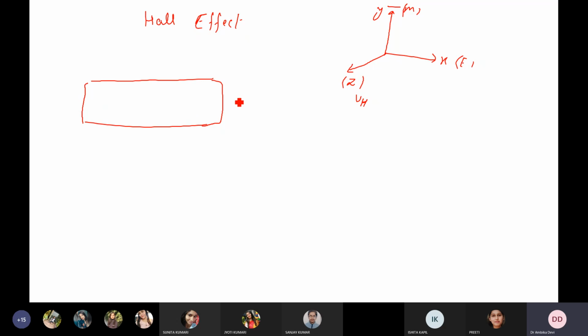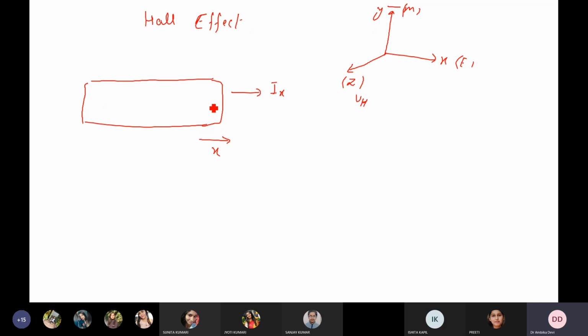Okay, so let us consider a piece of metal, let's say a specimen. This is a specimen in the form of a rectangular cross section, and this is carrying current Ix in the x direction. Let's say this is the x direction. So this is carrying current along this direction, Ix.